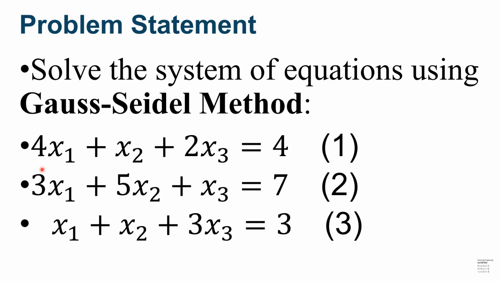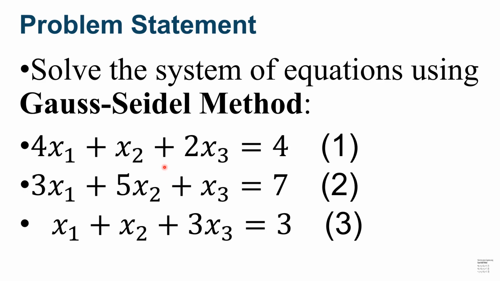Suppose we find x1. First you write x1 equal to 4, and then x2 converted to the right side becomes minus x2, because when any variable is moved from the left to the right side, the sign changes. If minus is given, we convert to plus; if plus is given, we convert to minus.